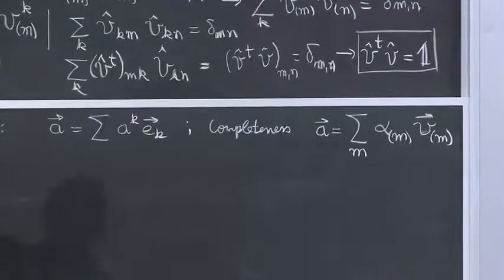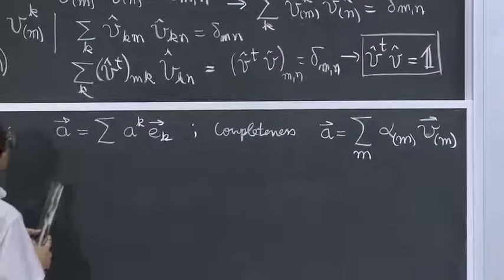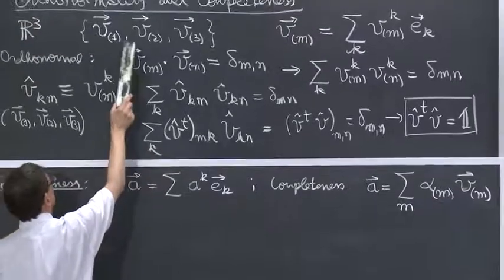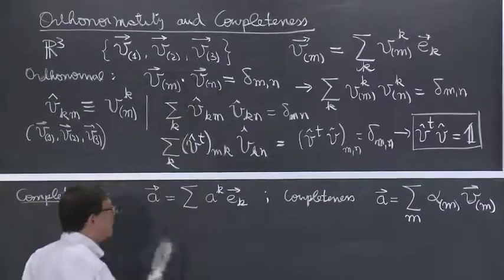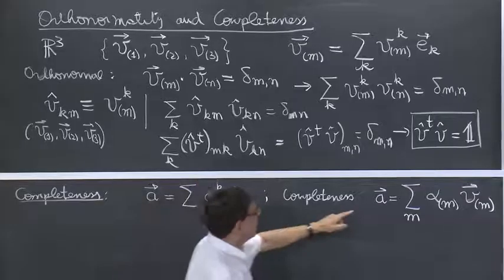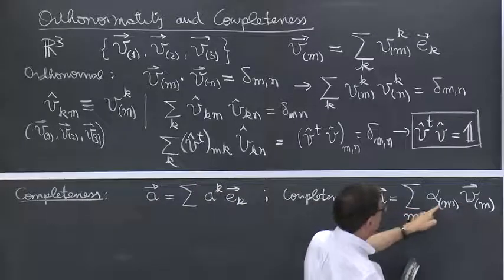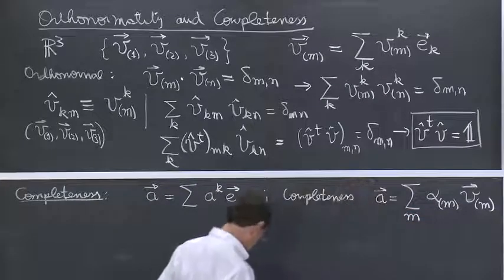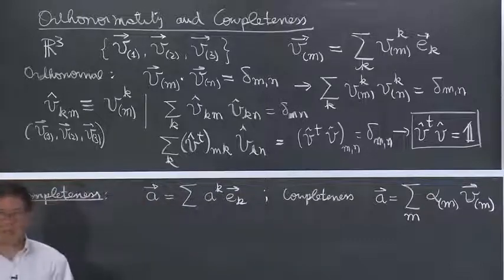So the basis, the set of vectors that we introduced above, v1, v2, and v3, is complete if any vector can be written as a sum of this with some particular coefficients. So that's the statement that it is complete.